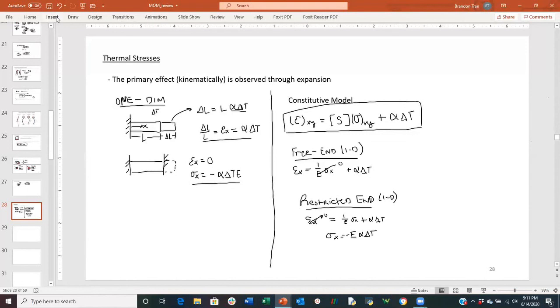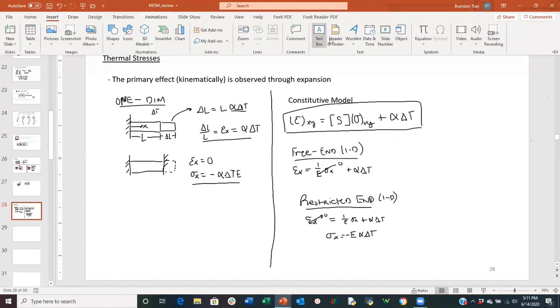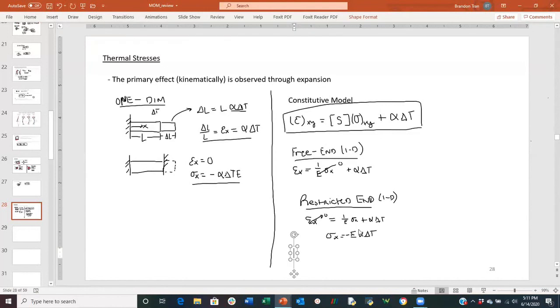So one quick thing to note here. For most isotropic materials, the alpha times delta T term is typically constant.